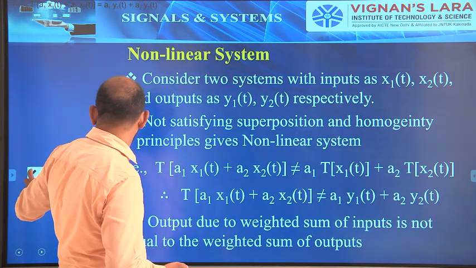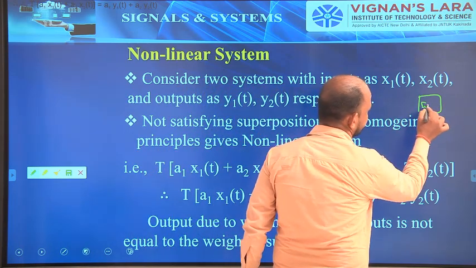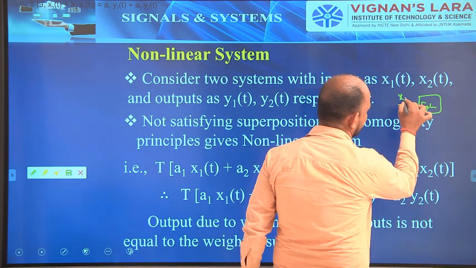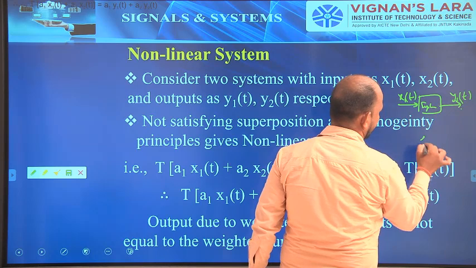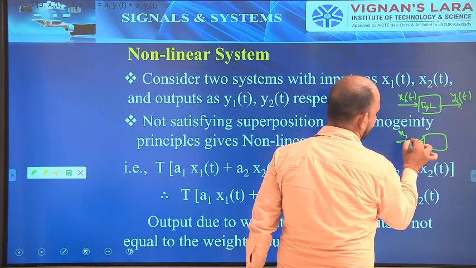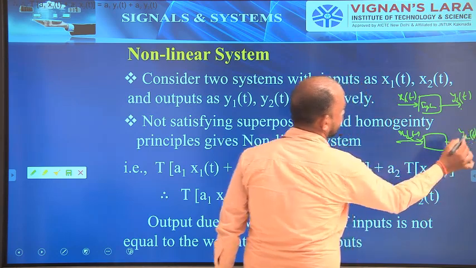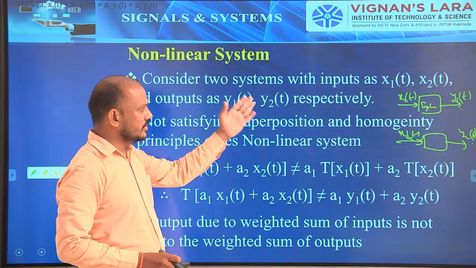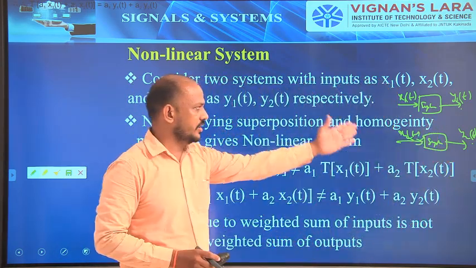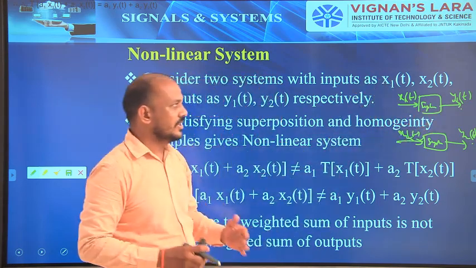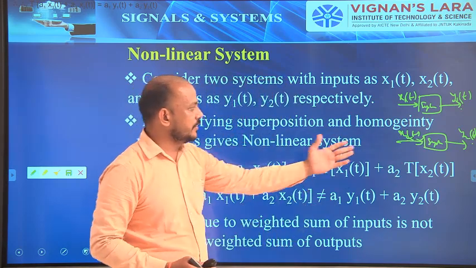That is, y1 of t is the output for input x1 of t, and y2 of t is the output for the input x2 of t.